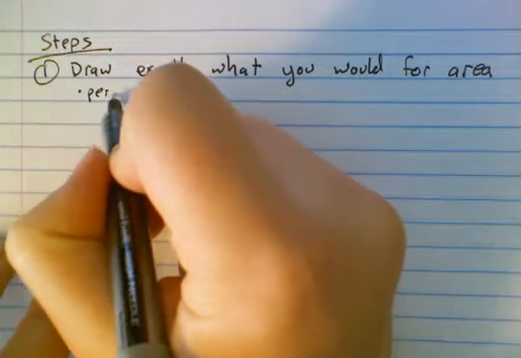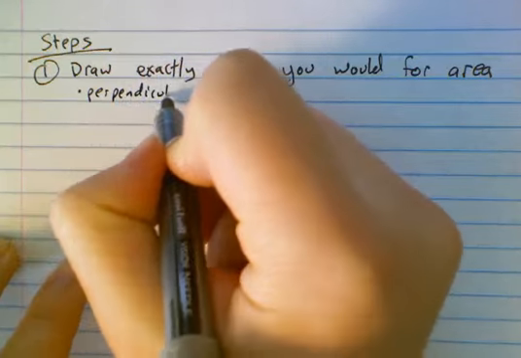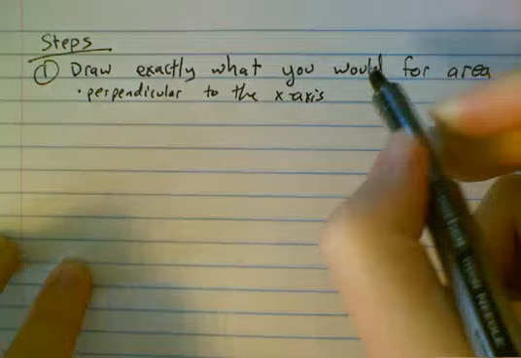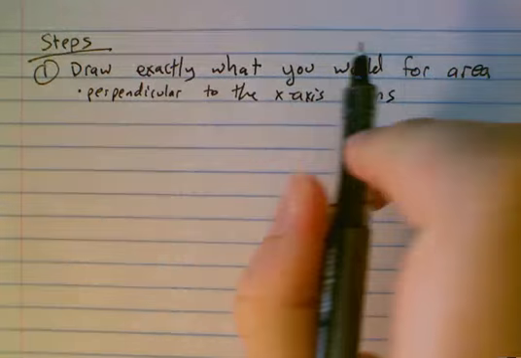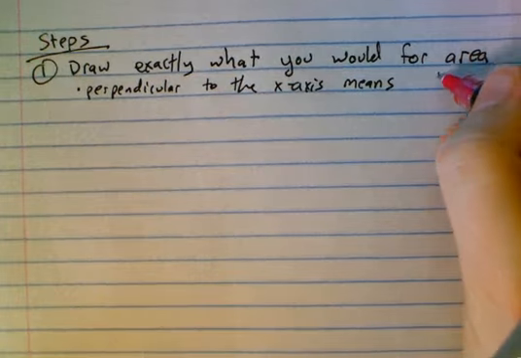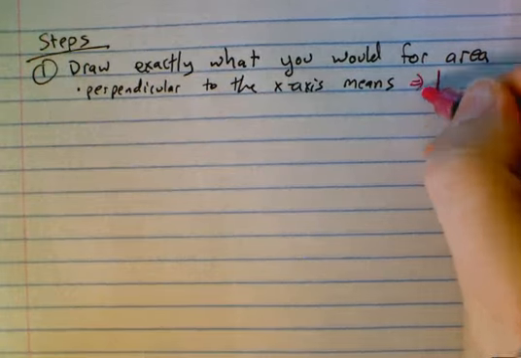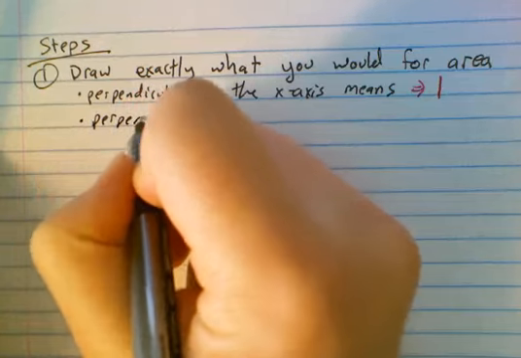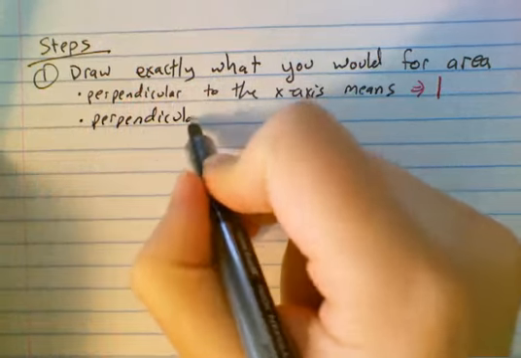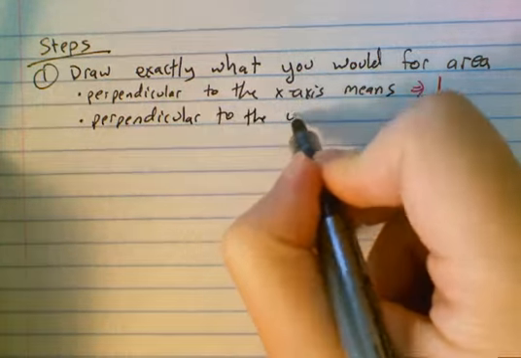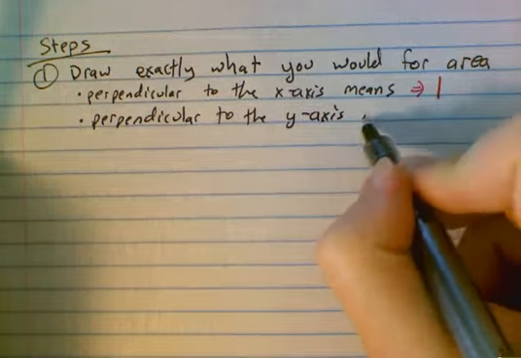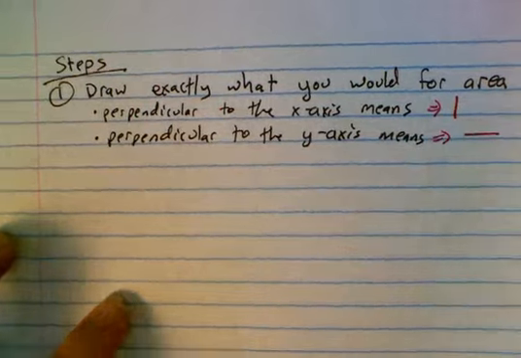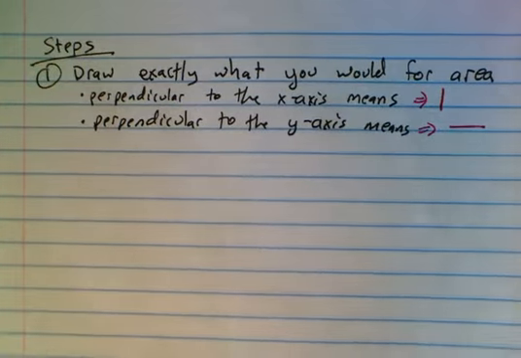Remember, perpendicular to the x-axis means draw your little rectangle like that. Perpendicular to the y-axis means you're going to draw it like that. So make sure you do those little drawings just like you would for area.